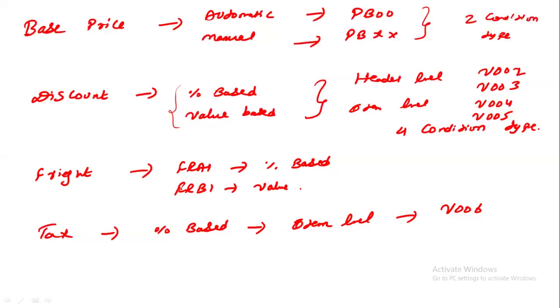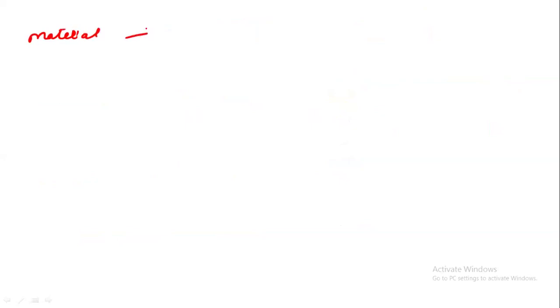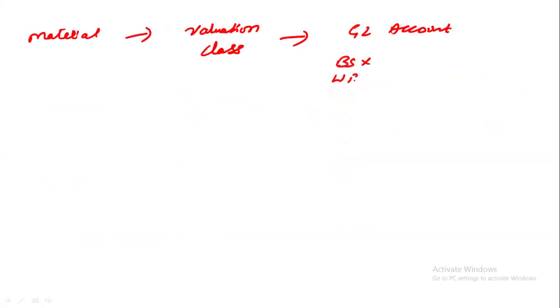Did you understand the requirement, or should I repeat? Sir, repeat. So in material, you have the valuation class. For this valuation class, you have a GL account assigned, right? Based on BSX, WRX. For BSX, I assign 2 lakh. For WRX, I assign 1 lakh.